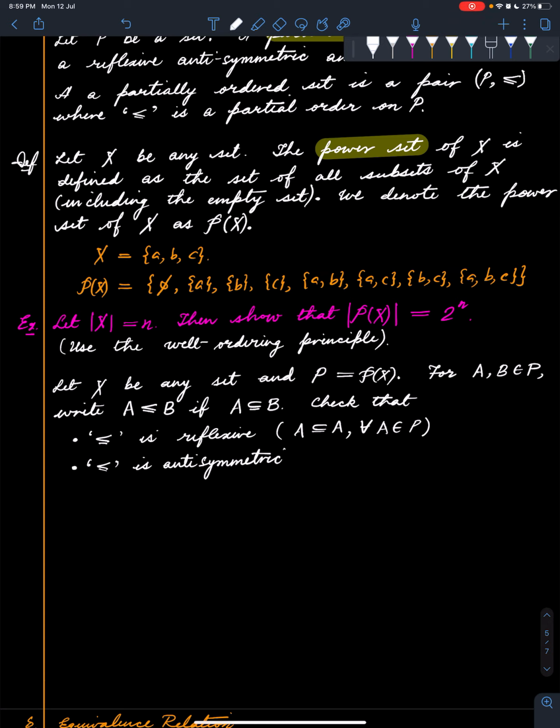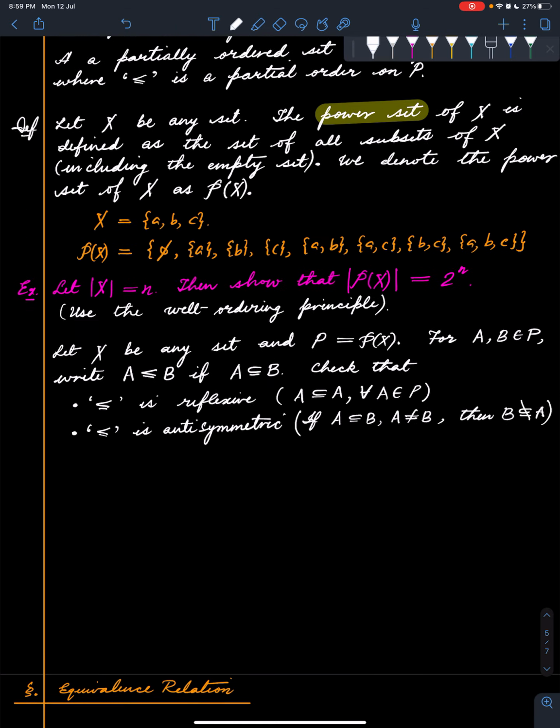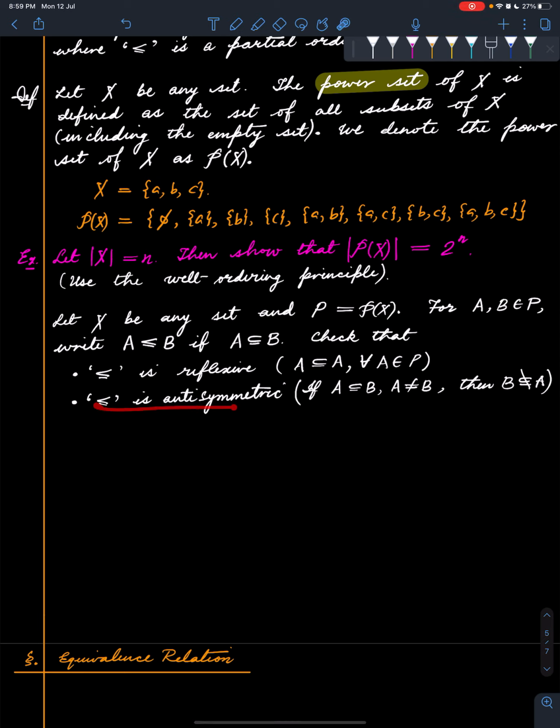So what you need to check is that if A is contained in B but A is not equal to B, then B is not contained in A. This is what you need to do. I just spelled out the meaning of this.